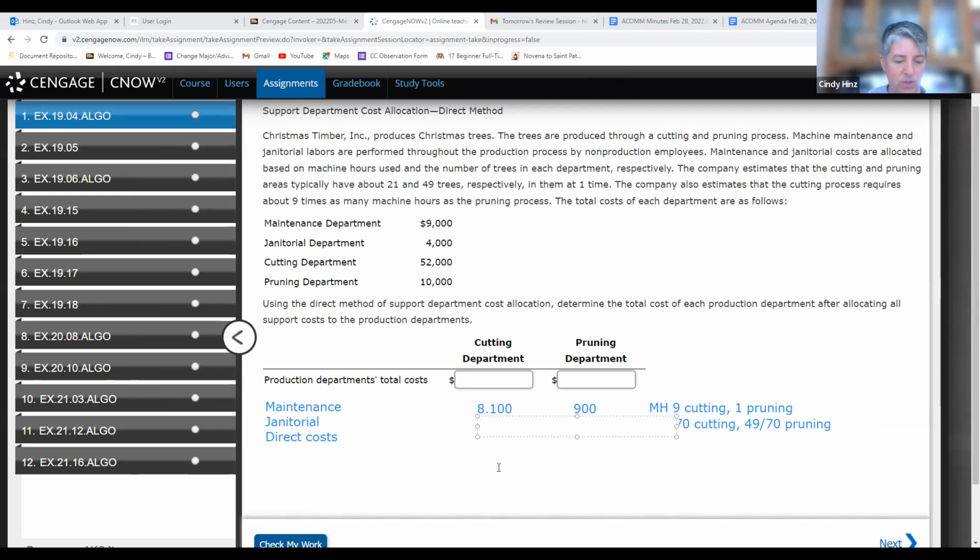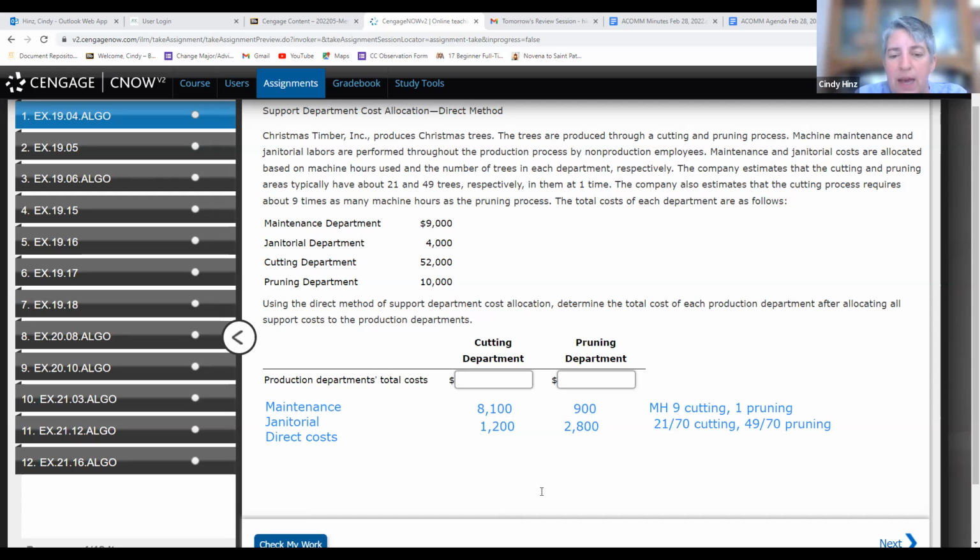And we're going to allocate 21/70 of that, or $1,200, to the cutting department based on the 21 of 70 trees. And for the pruning department, they have 49 of the 70, and so we're going to allocate 49/70 or 7/10, 70% of the total cost of janitorial, $4,000, to the pruning department.